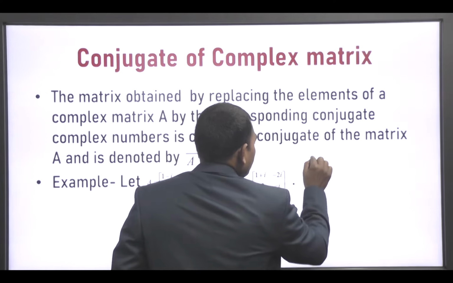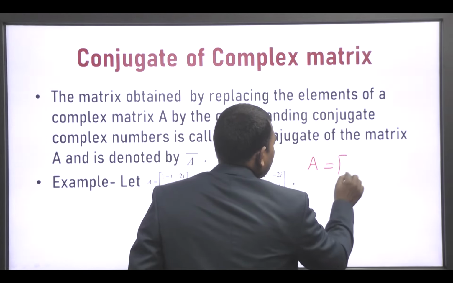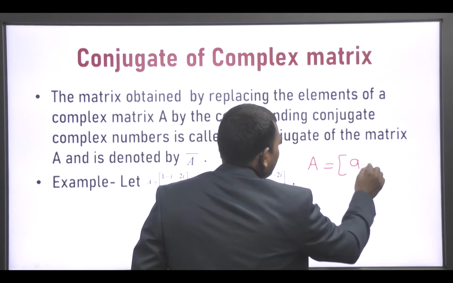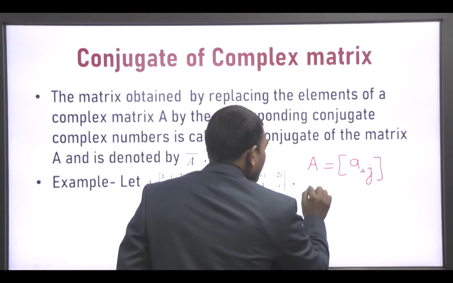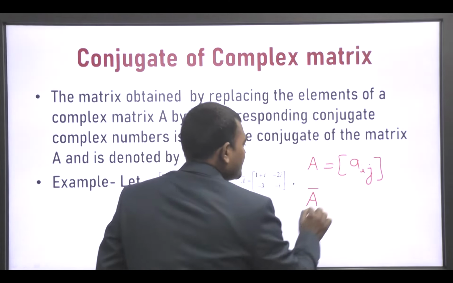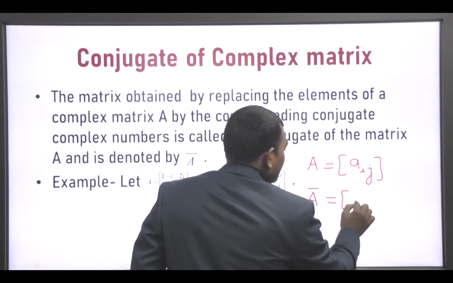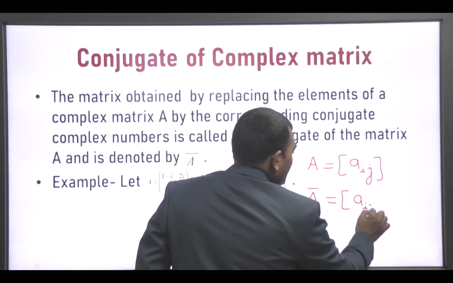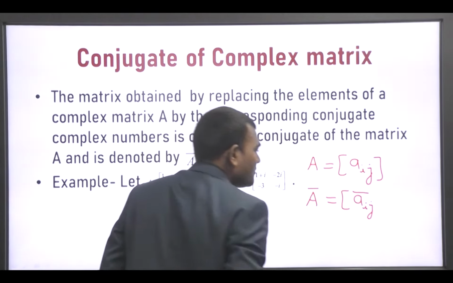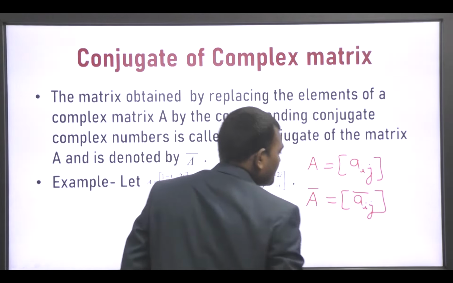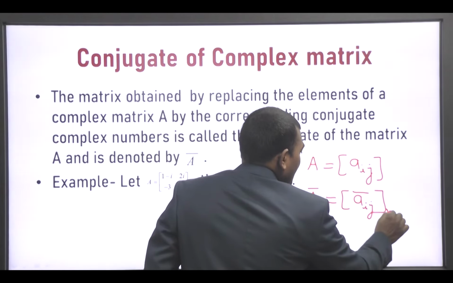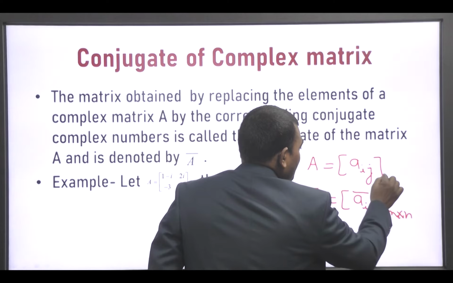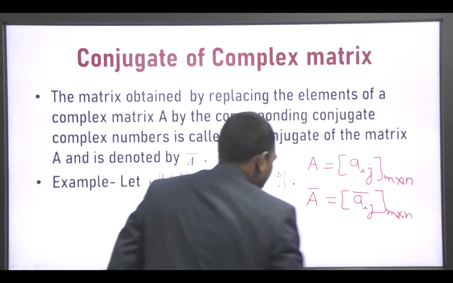That is, if A is a complex matrix Aij, then the conjugate of A can be obtained by taking the conjugate of each element, Aij bar, and this is of the same order m by n as the order of the given matrix.